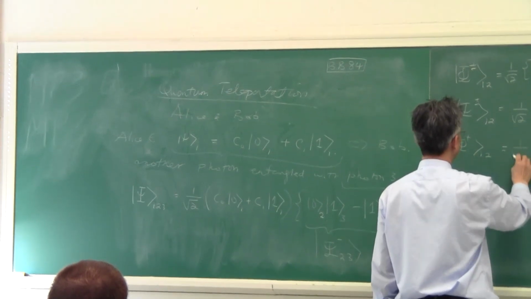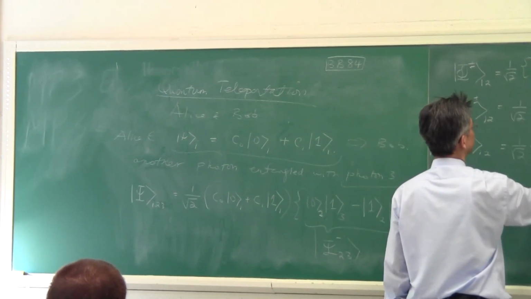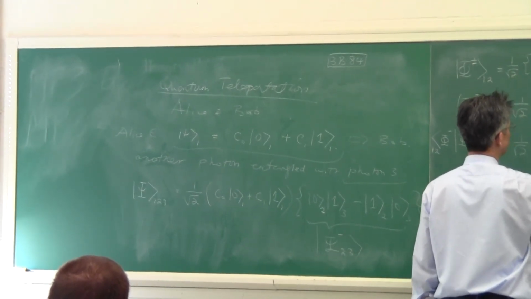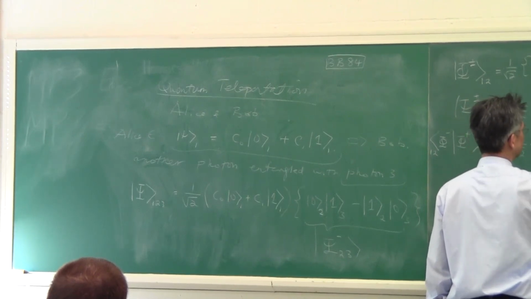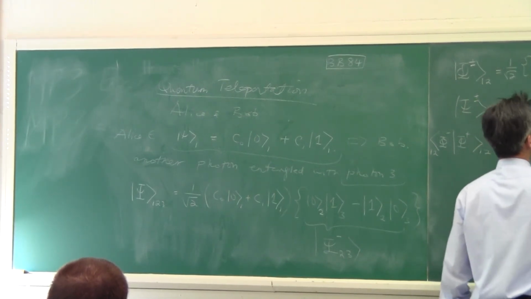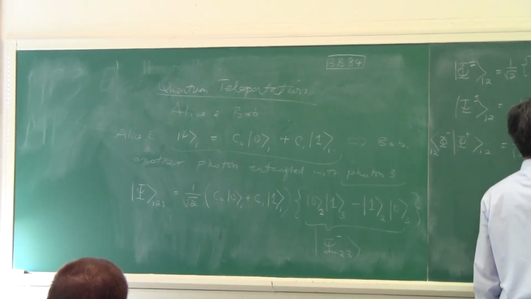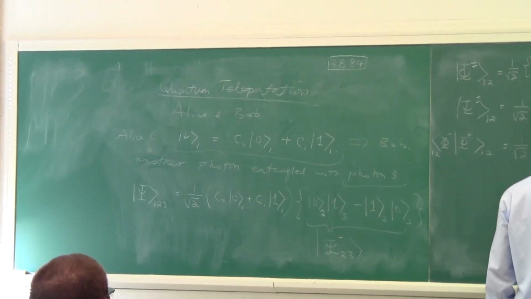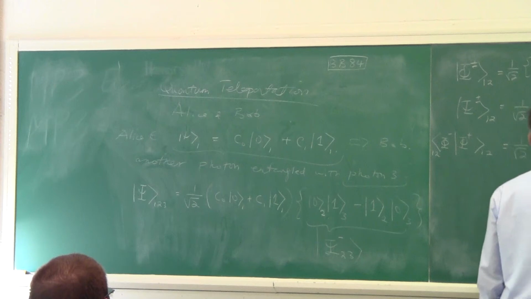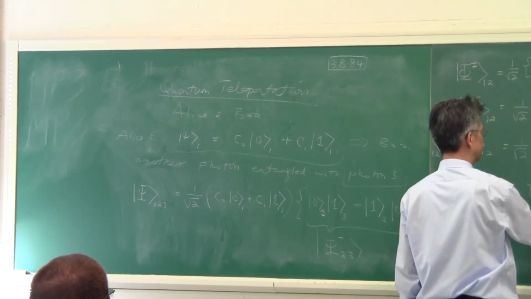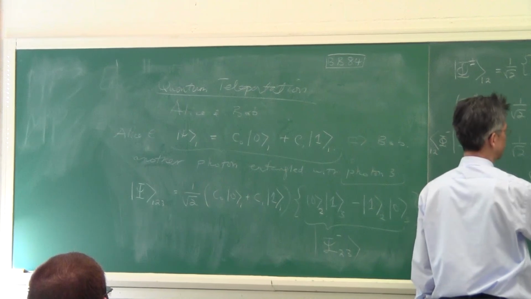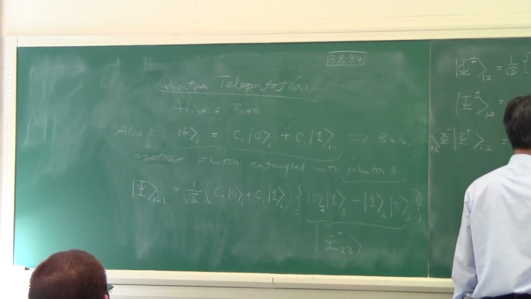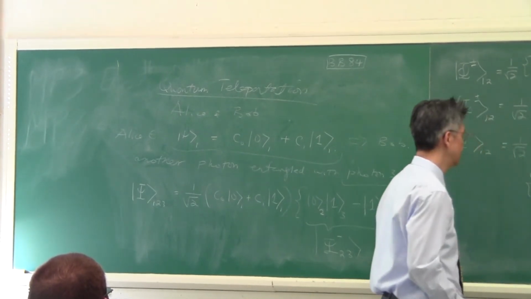What we do then is to take the transpose of psi minus, and we'll get something like |01> minus |10>, and then multiply that with the other one, which is |01> plus |10>.